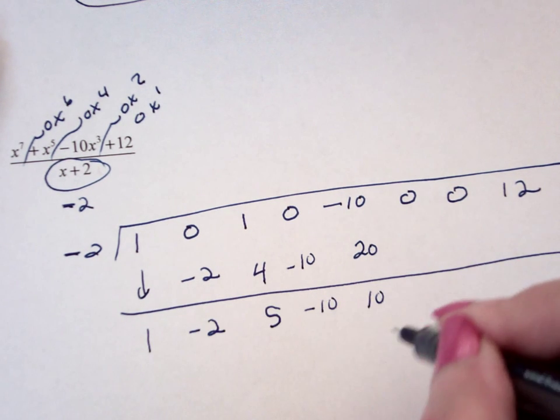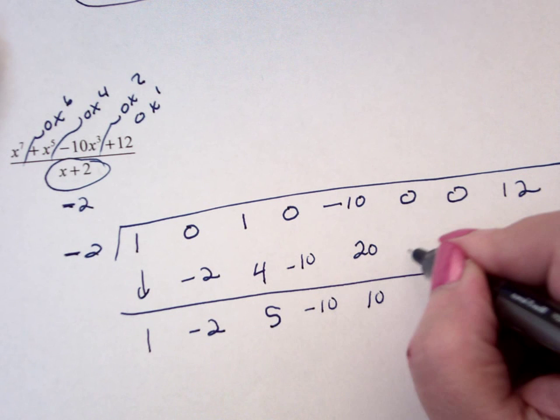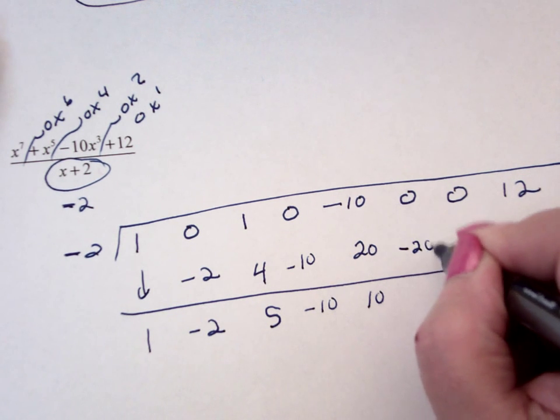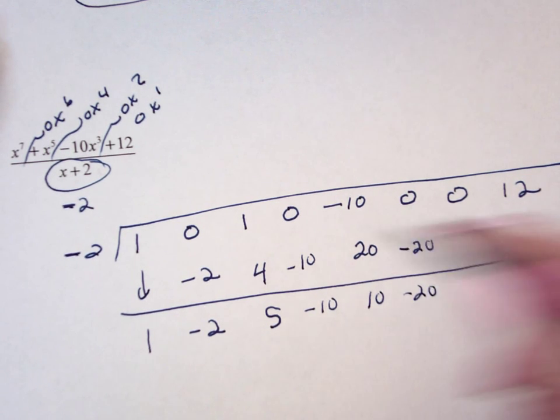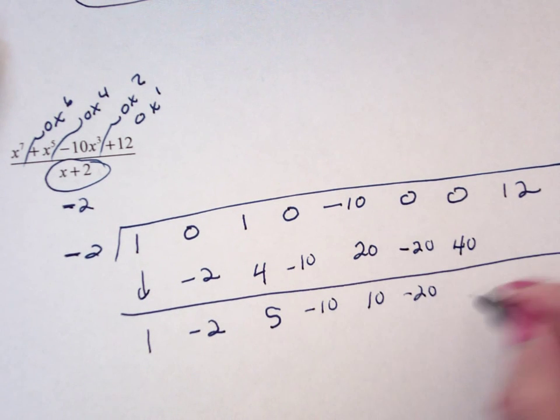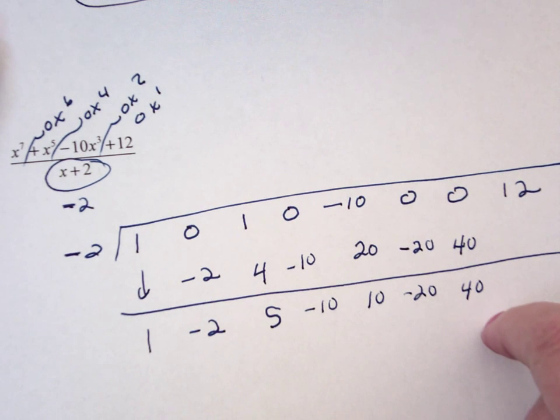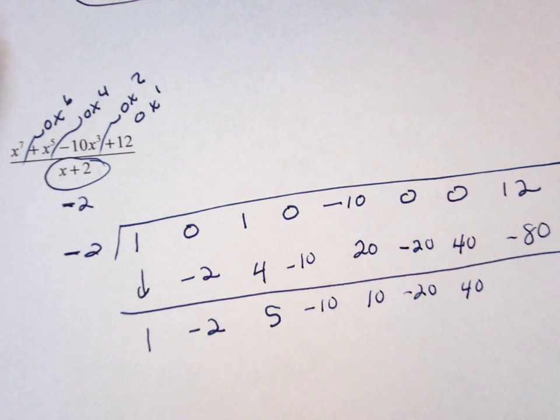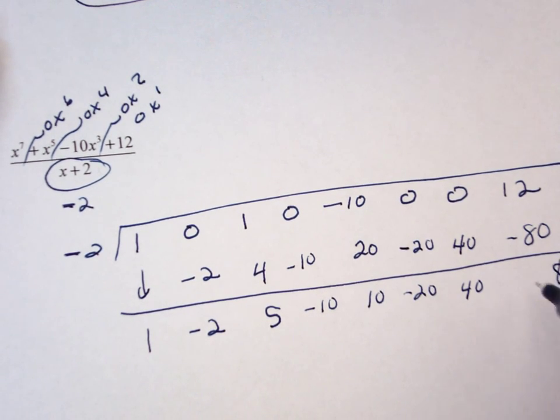Negative 2 times positive 10 is negative 20, and add. Negative 2 times negative 20 is positive 40, and add. Negative 2 times positive 40 is negative 80, and add. And this comes out to be, I think, negative 68.